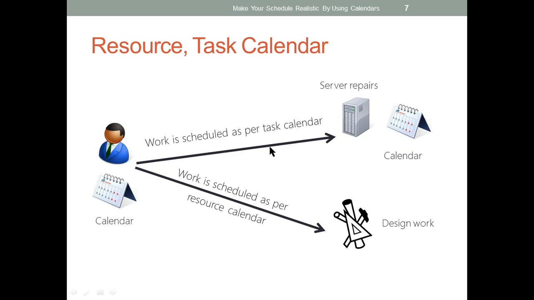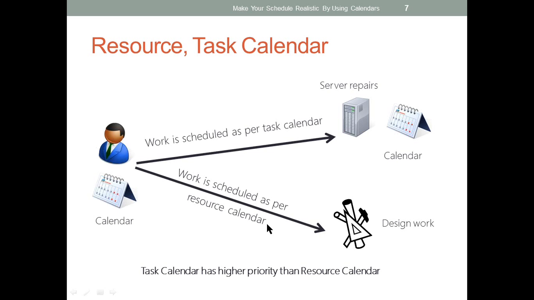In case there is no common working time, the server repair will always be scheduled as per your task calendar only, which means your resource calendar will be ignored. So the task calendar always gets the highest priority over your resource calendars.